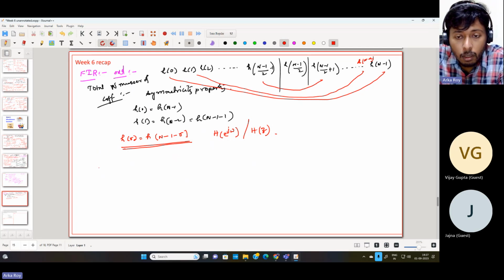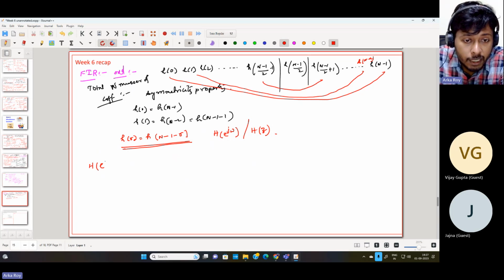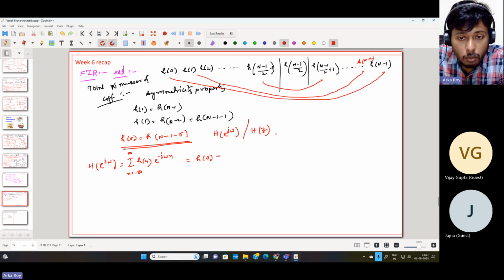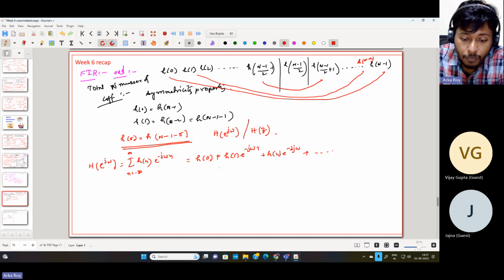In case of DTFT, H of e to the power j omega, by definition, we know that it will be the sum of h of n e to the power minus j omega n, where n is running from 0 to n minus 1. So it could be written as h0 plus h1 e to the power minus j omega, plus h2 e to the power minus 2 j omega, and so on.